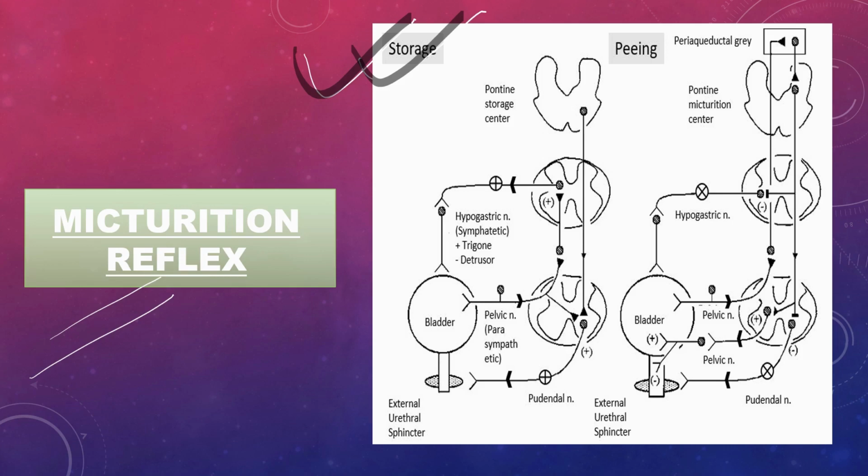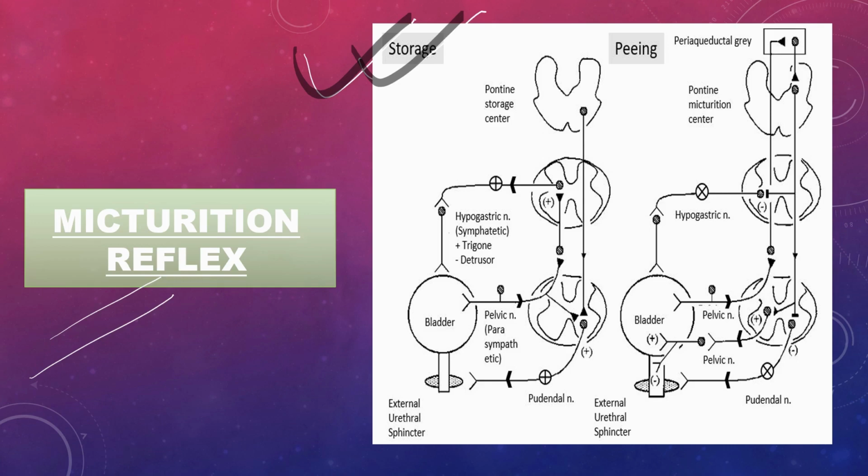Firstly, there will be filling of urinary bladder, which will lead to the stimulation of the stretch receptors present in the bladder. After that, the afferent impulses will pass by the pelvic nerve, and the efferent impulses will pass by another pelvic nerve, which leads to the contraction of the detrusor muscles and relaxation of the internal sphincter.